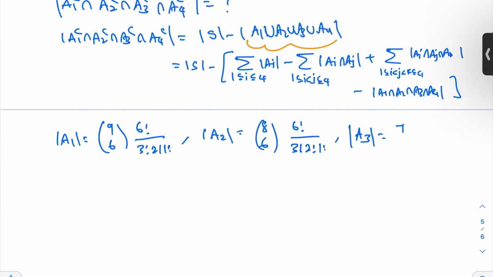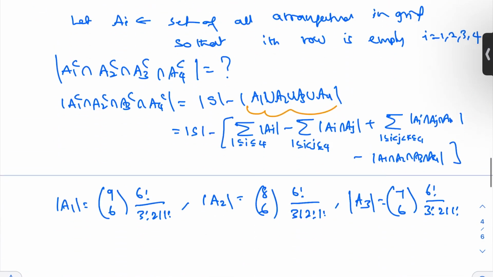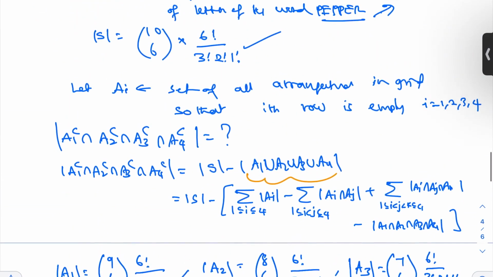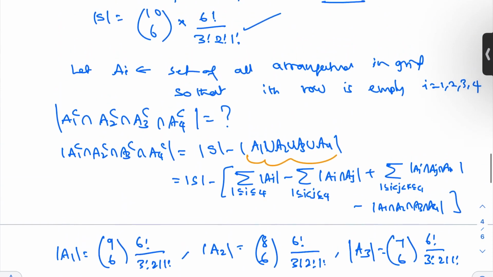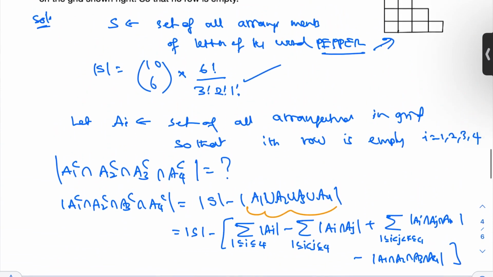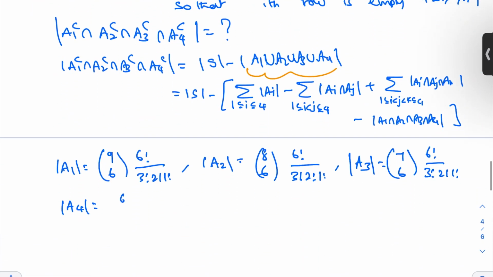So 7 choose 6 times 6 factorial by 3 factorial, 2 factorial, 1 factorial. And if you want number of elements in A4, that means row 4 is empty, don't use row 4. Then we have 6 choose 6 times 6 factorial by 3 factorial, 2 factorial, 1 factorial.